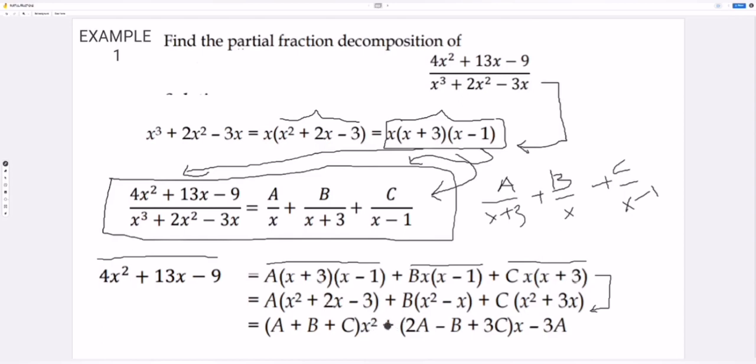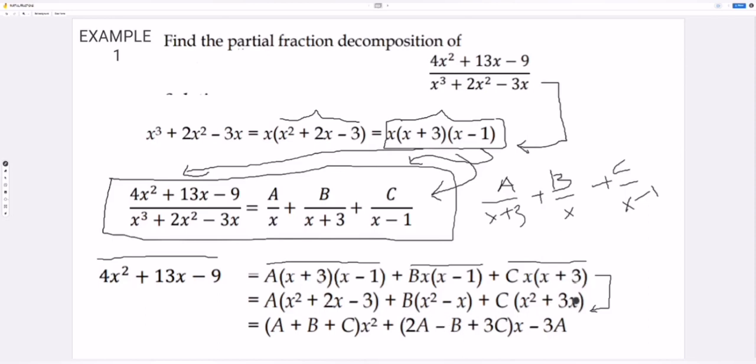The first one is to group the coefficients for the x squared. In here we have A, and then we have B in here, and then in the C term we also have C. So this is C. For our x, in terms of x, we have 2 times A, so this is 2A. Then for B x, we have x also here, so this is negative B.